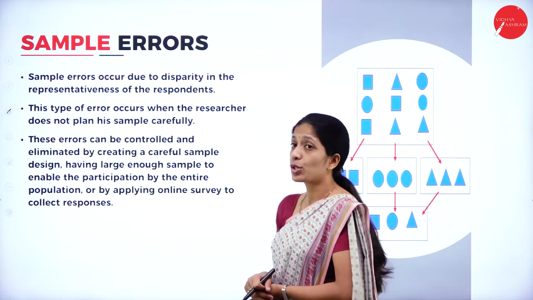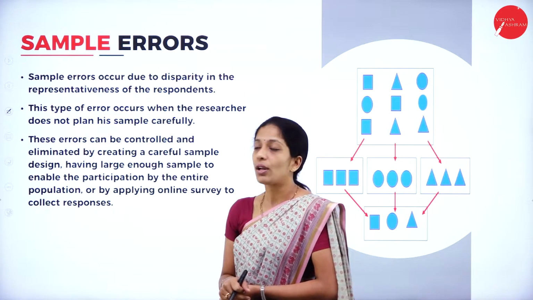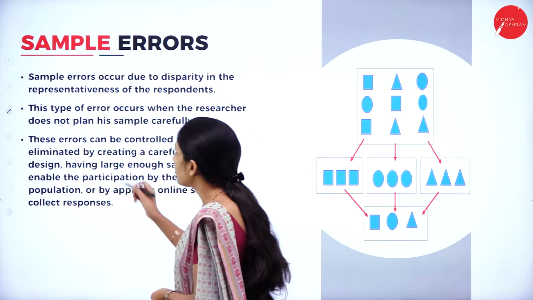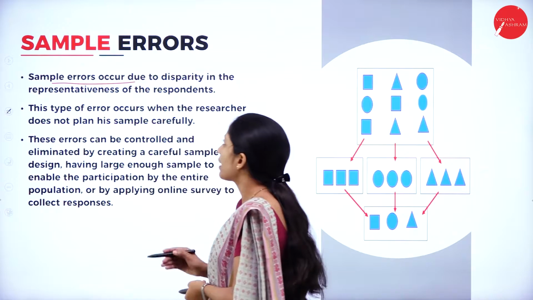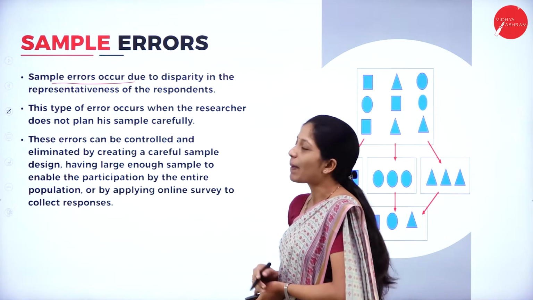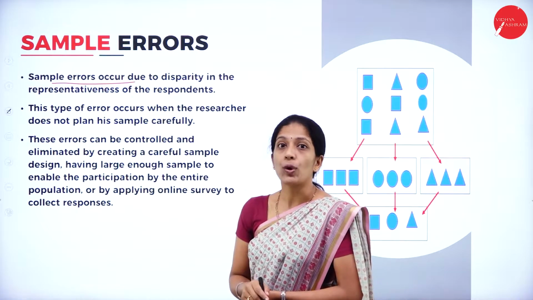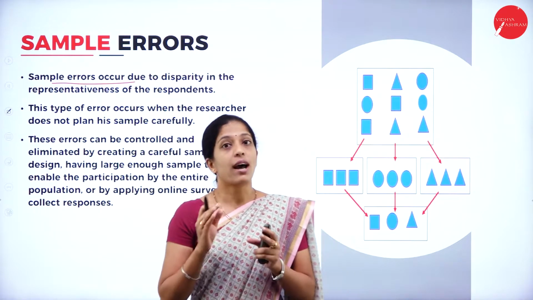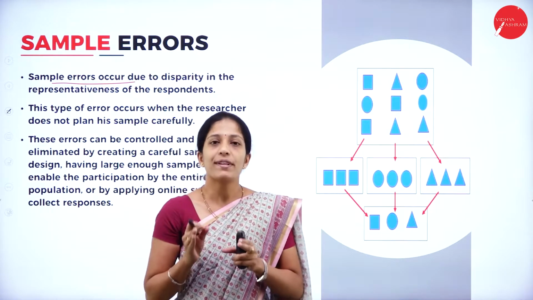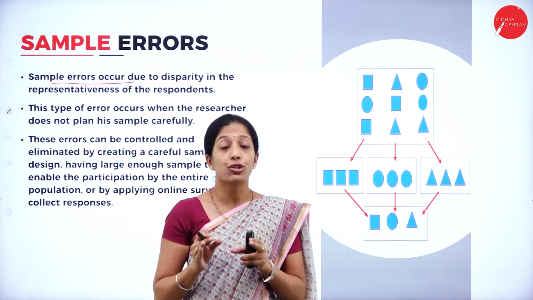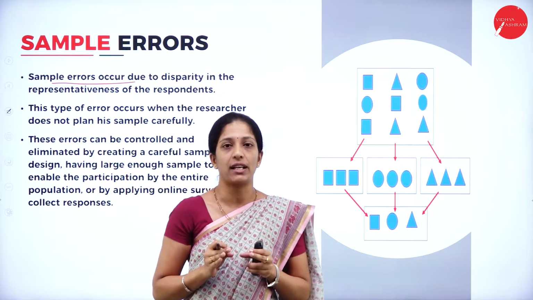Now coming to the next one, sample errors. Now let us see what a sample error is. Sample error occurs due to disparity in the representativeness of the respondents. I have already told you, samples should be in such a way that they represent the entire population.